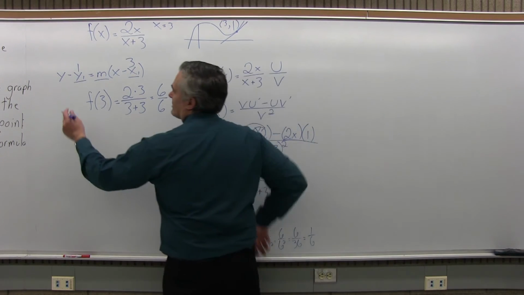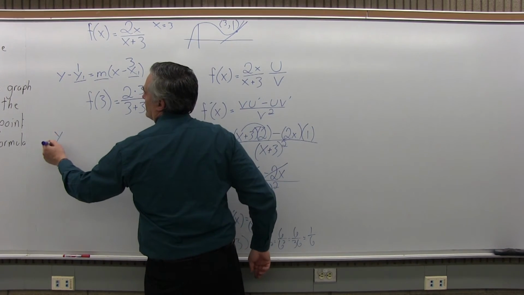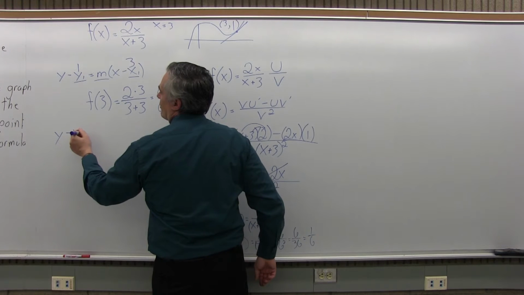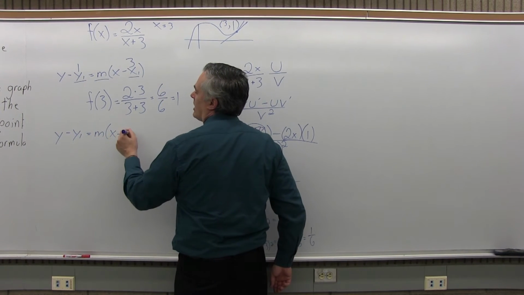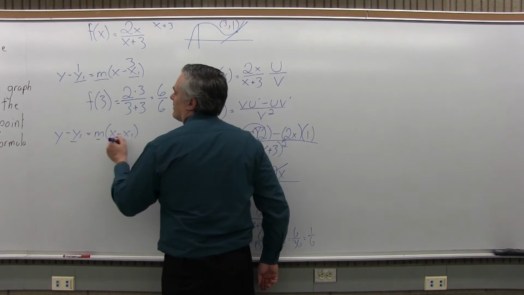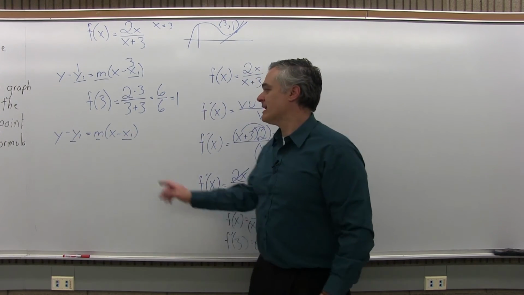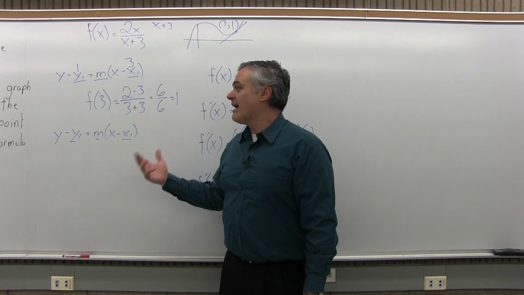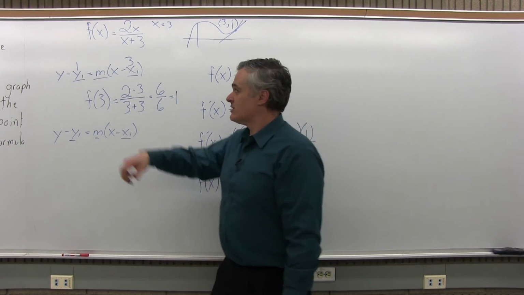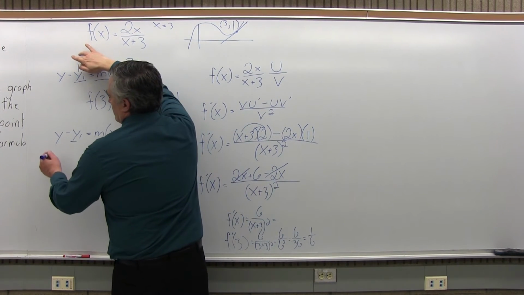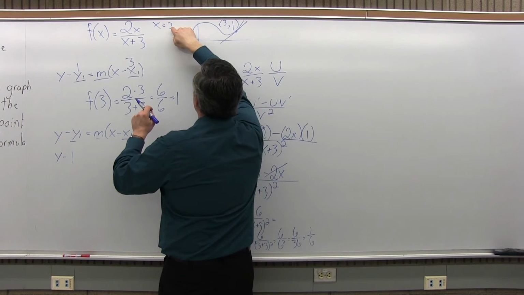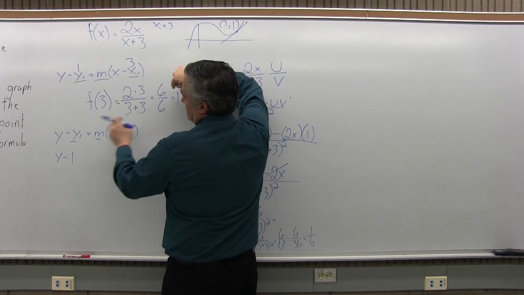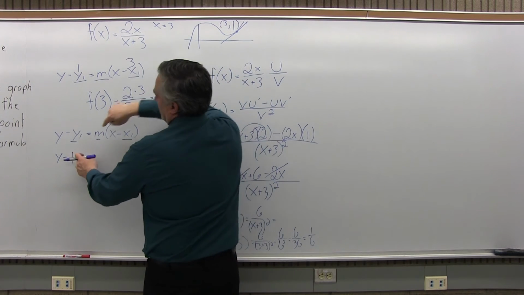So going back to my equation for a straight line, y minus y1 equals m times x minus x1. Again, I need a number value for the y1, the m, and the x1. And I have a number value for all of those now. So from before, I knew the y1 was 1. Again, we got that by putting the x of 3 into the f of x, and we got our y as 1.